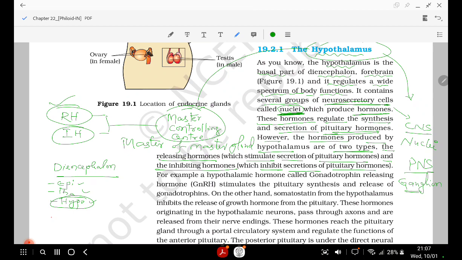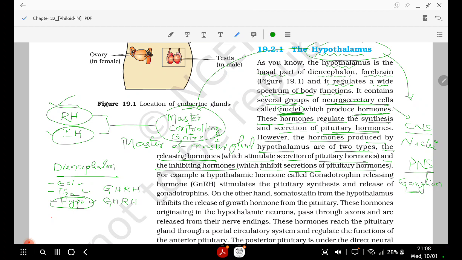Examples of releasing hormones are growth hormone releasing hormone, gonadotropin releasing hormone, thyrotropin releasing hormone, adrenocorticotropin releasing hormone, and various other releasing hormones.